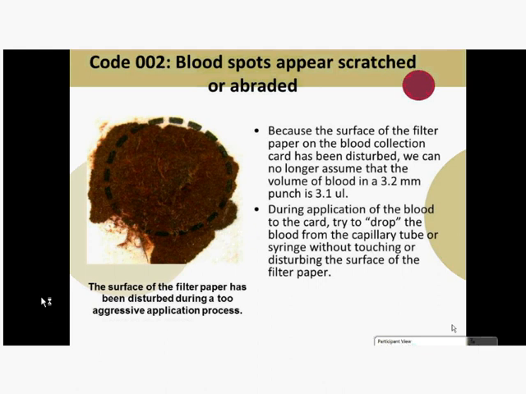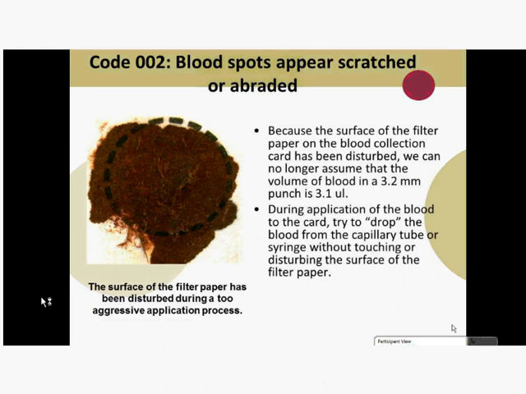Code 002 is given to a sample that looks scratched or abraded. When we apply a code 002 to a sample, it indicates that the surface of the filter paper has been disturbed during a too aggressive application process. During collection, bring the accumulated blood drop in contact with the surface of the filter paper and allow the paper to absorb the blood fluently without using the heel to force the blood through the filter paper.